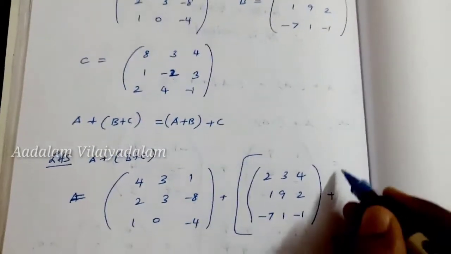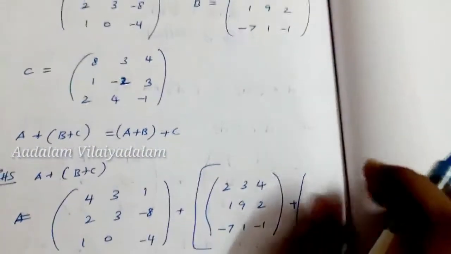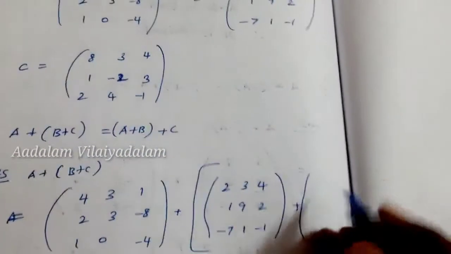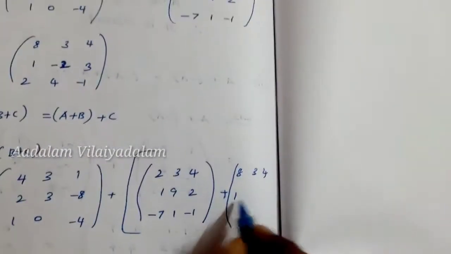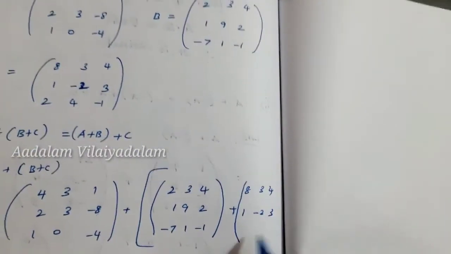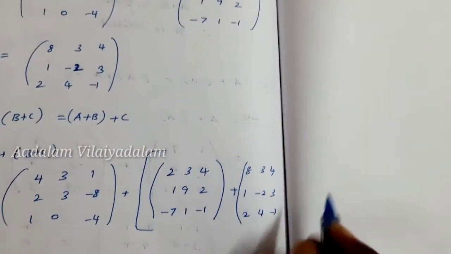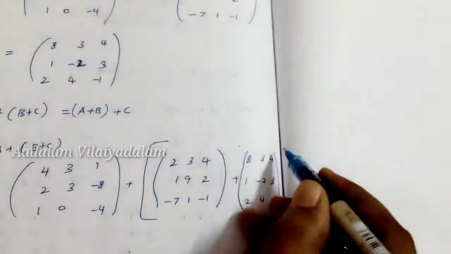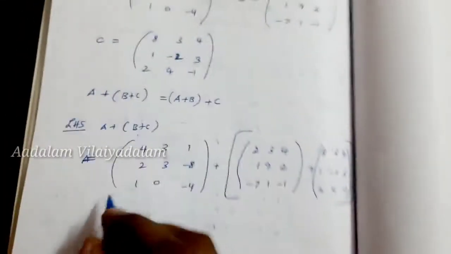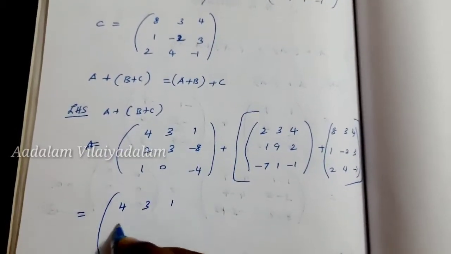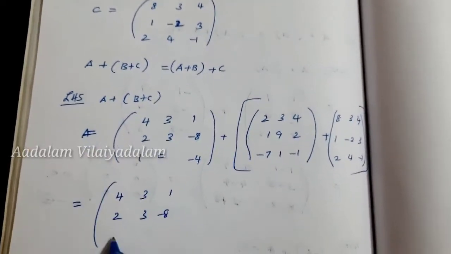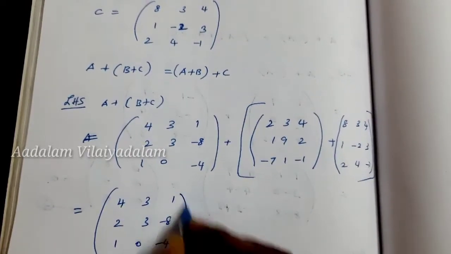And the C matrix is 8, 3, 4, 1, minus 2, 3, 2, 4, minus 1.